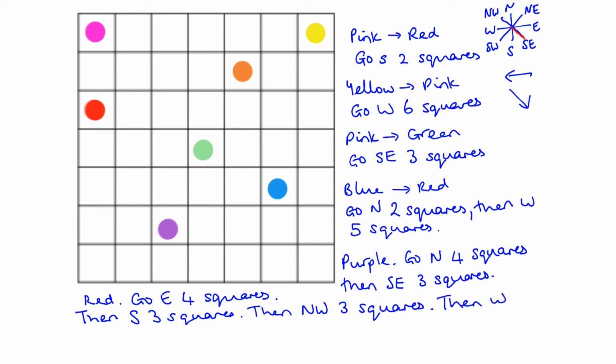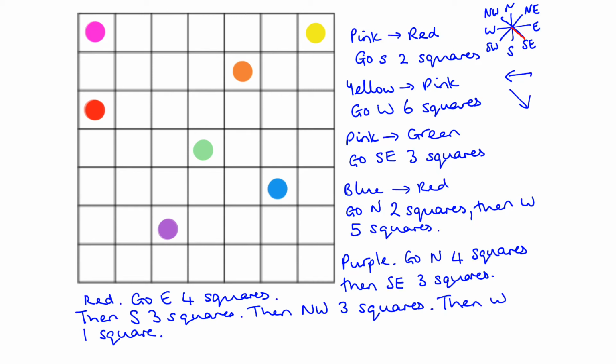Then west 1 square. So did you follow all that? So start at red, go east 4 squares, south 3 squares, northwest 3 squares, and then west 1 square.